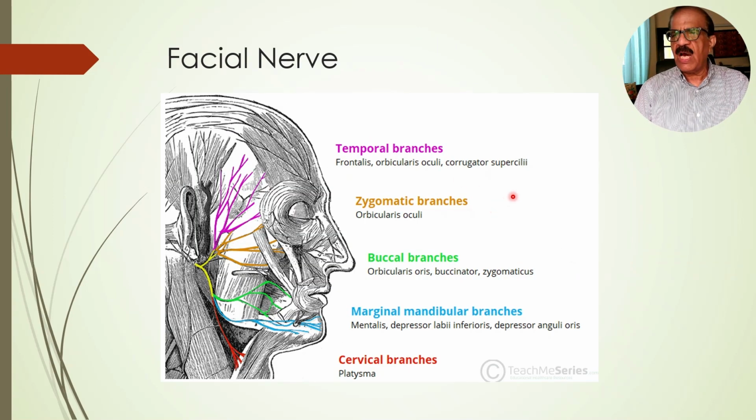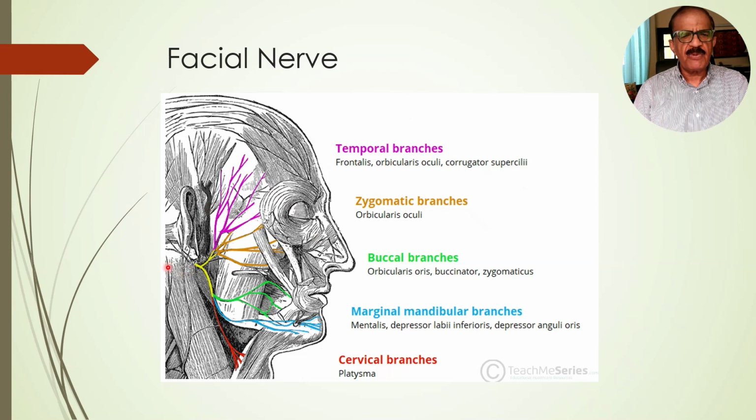Some of the nerves which are important, I mean every nerve is important, but some of the ones which are important in the context of interpretation of certain neurological signs, and the ones which are usually asked in the examination. Now, one of them is facial nerve.